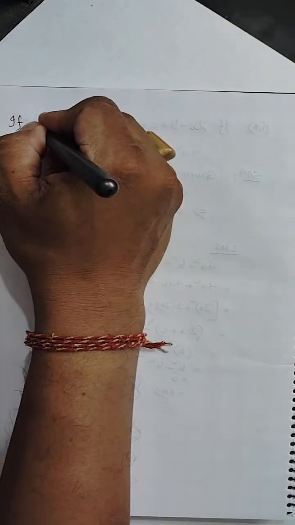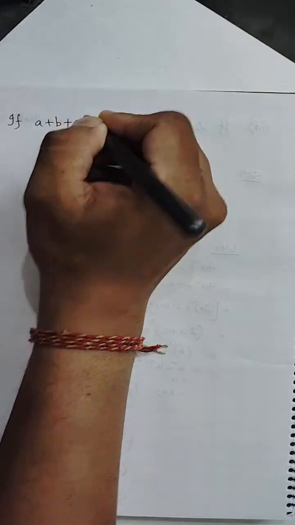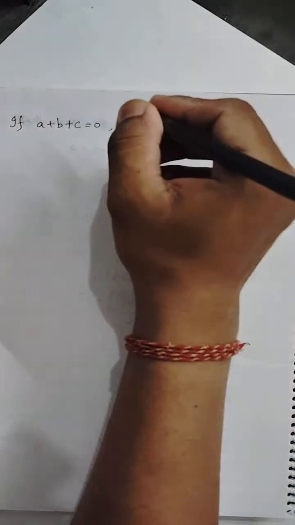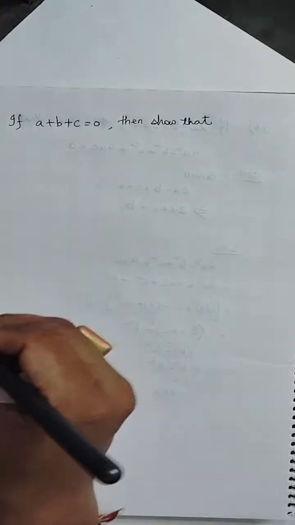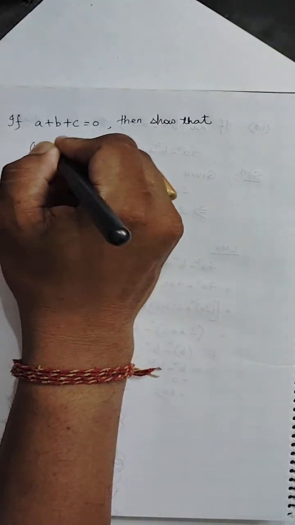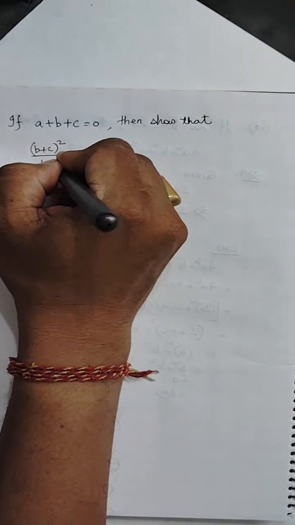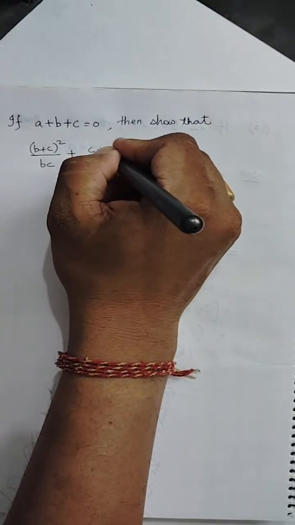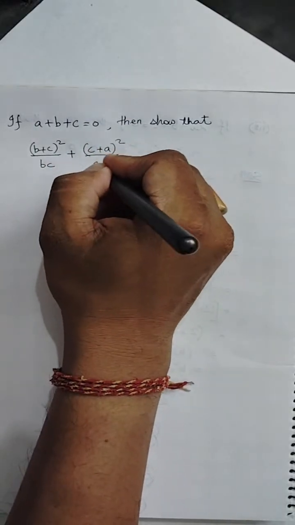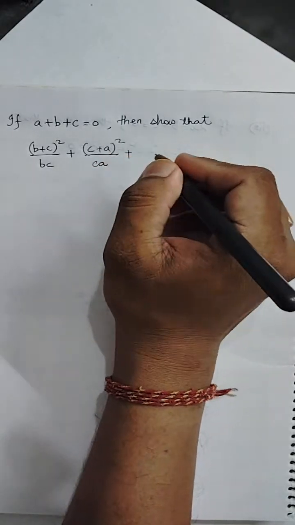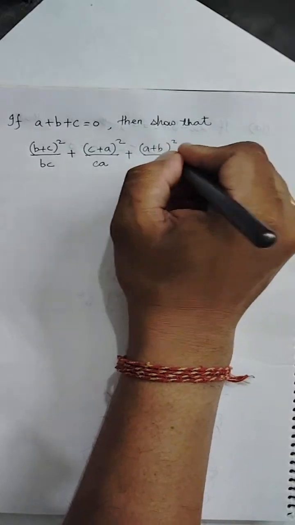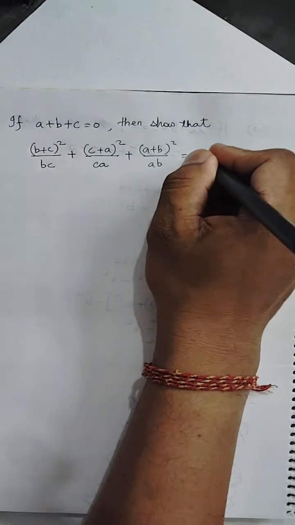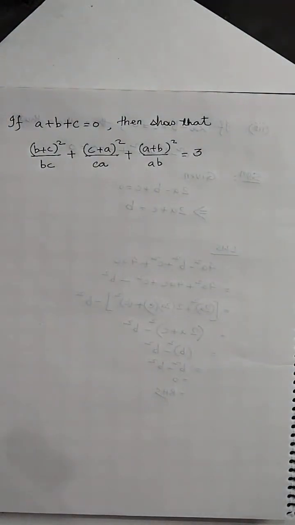If a plus b plus c equals to 0, then show that b plus c whole square by bc plus c plus a whole square by ca plus a plus b whole square by ab equals to 3. Okay, so this is what we are required to show.